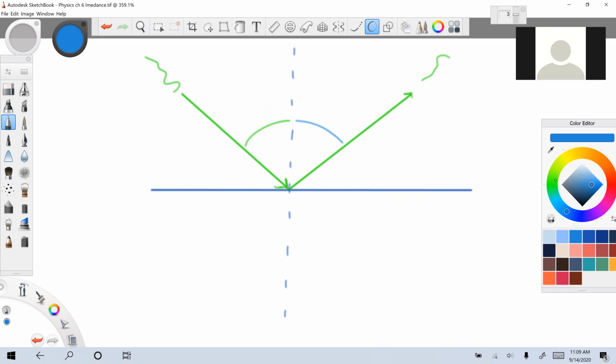But in any case, this is my theta, and that's just a way of saying an angle. Theta I for incident. And then over here is theta R for reflected.